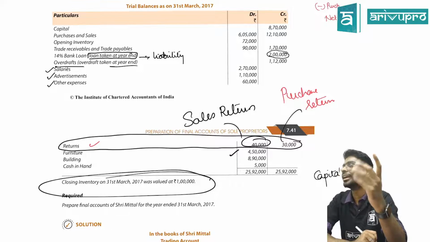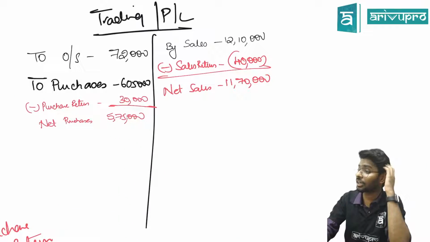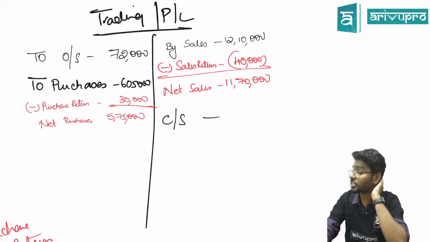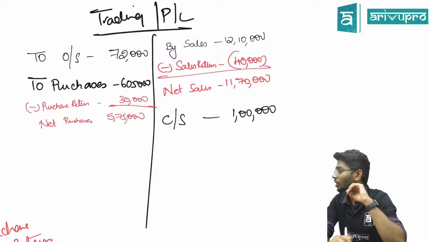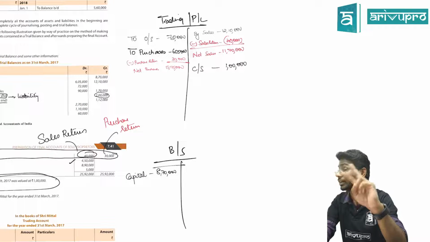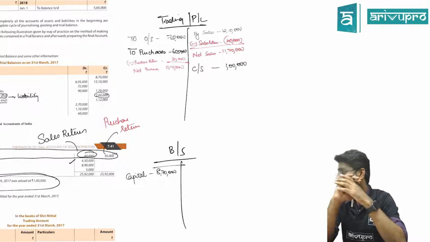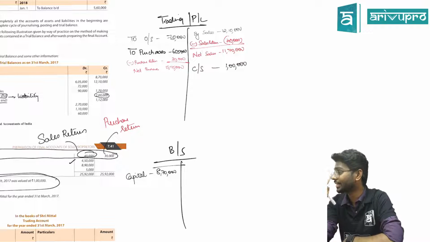Closing inventory. As per the format it should be coming in the trading account, closing stock. How much was the amount? Closing stock 1 lakh. Always remember, the moment you do an adjustment, do both sides at the same time.